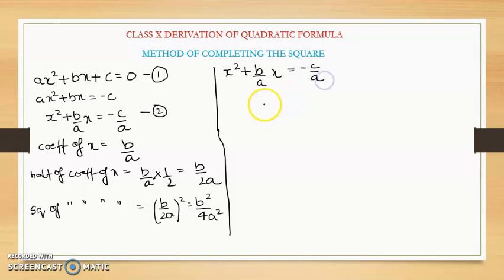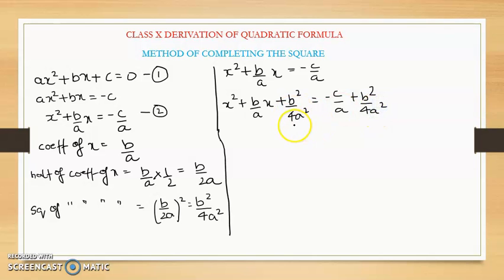This is equation 2. Now I'm adding b square upon 4a square on both sides. So x square plus b upon a x plus b square upon 4a square is equal to minus c upon a plus b square upon 4a square.